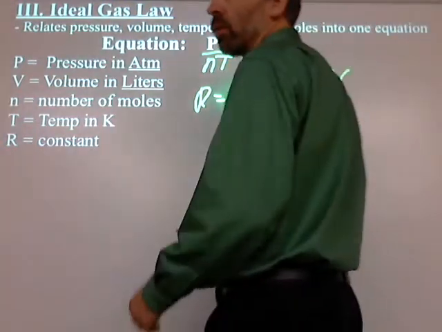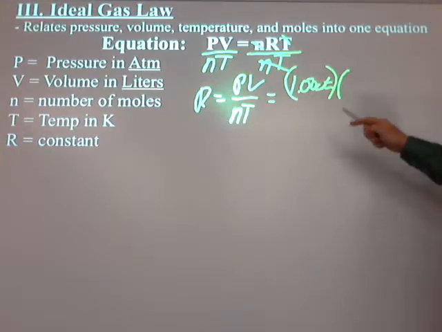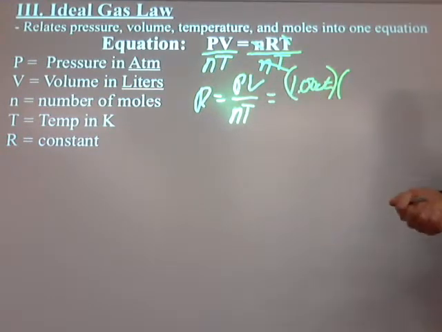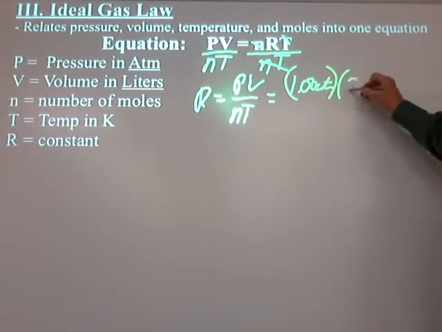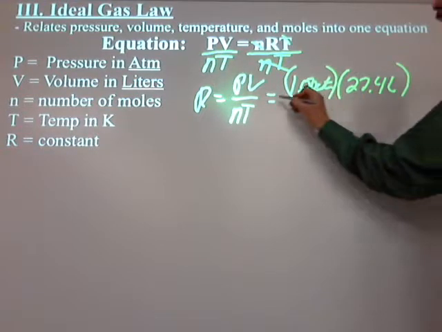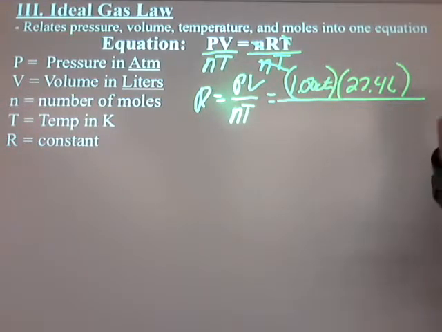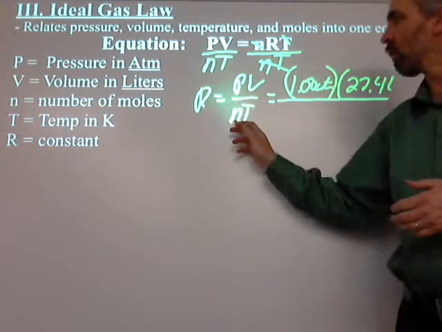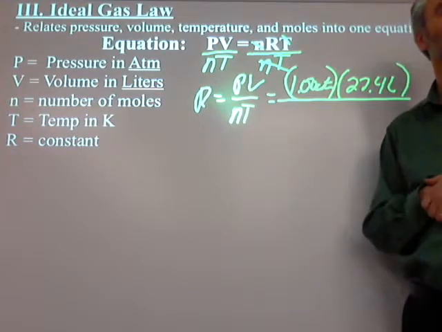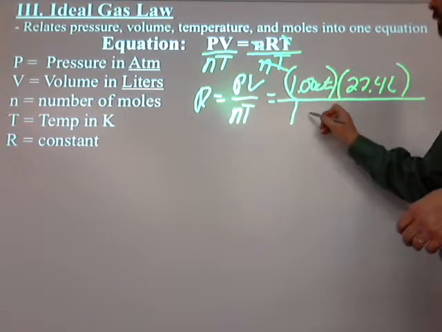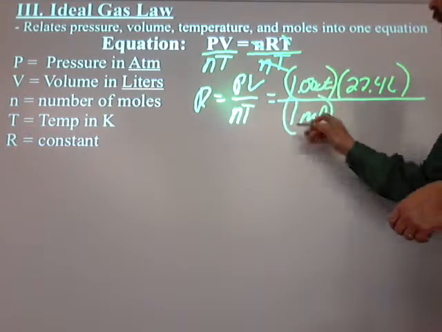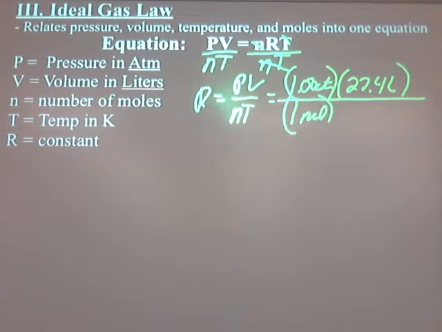I shouldn't even have the 1.00. We're going to assume exactly 1. What is the volume of 1 mole of a gas at STP? 22.4 liters. How many moles are in 1 mole of a gas at STP? That's what n stands for. 1, exactly 1. And what's the temperature of 1 mole of a gas at STP?